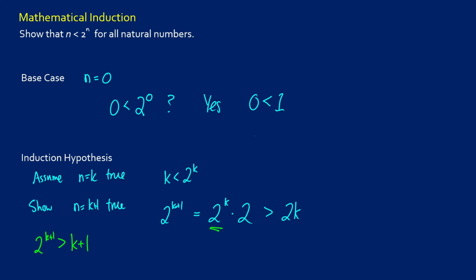Okay, well, now 2k is just the same thing as k plus k. Now, k plus k at this stage, because we just have an arbitrary step, this is going to be greater than k plus 1, because k will be greater than 1 in this case. Therefore, we can claim that 2 to the k plus 1 is greater than k plus 1.